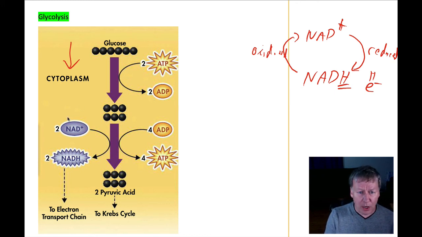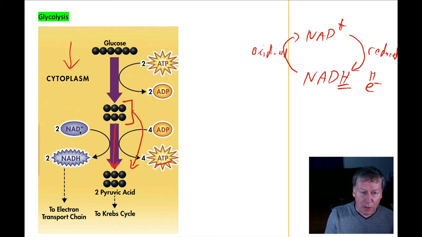So what's actually going on over here? Well, in this column, nothing's happening up at the top, so this reaction doesn't have any oxidation reduction. But when we go from these 2 3-carbon molecules, again, unnamed, don't care about the names, when those are turned into pyruvic acid, not only is energy released for ATP to be formed, but an oxidation reduction reaction happens. This molecule, whatever it is, is oxidized. It's losing electrons and hydrogens.